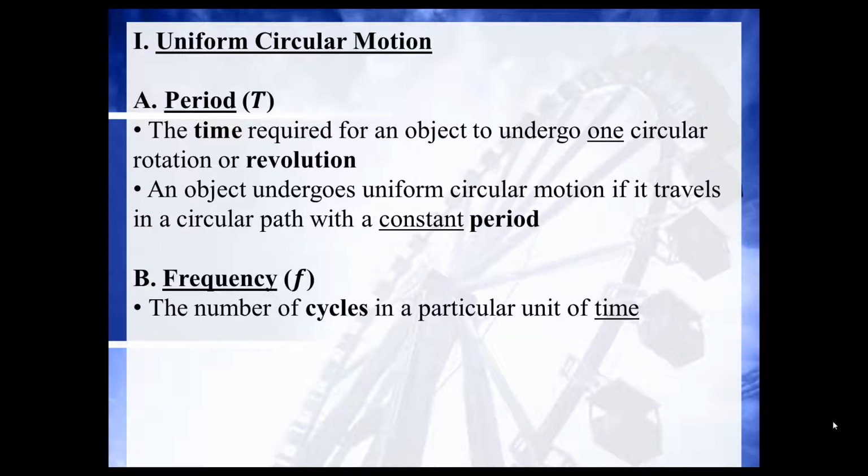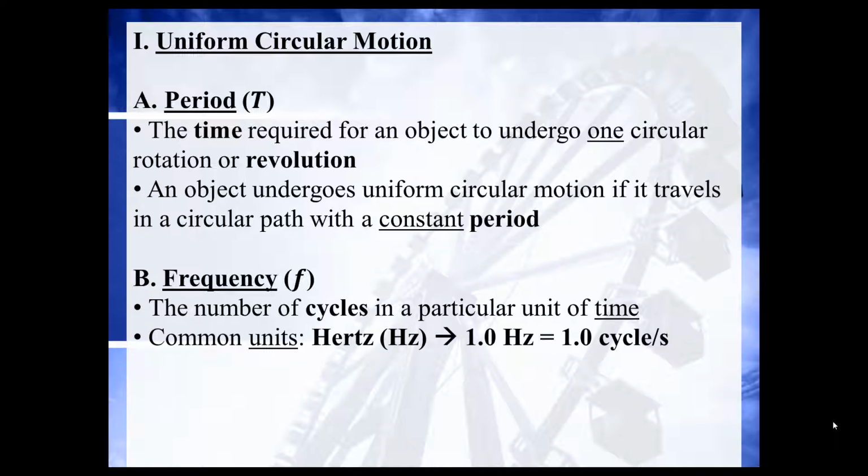So in the case of a spark timer, the cycles would be the number of dots that's being made. In terms of circular motion, a complete cycle is how many times you go around the circle. So the frequency would be the number of times you go around the circle in a particular unit of time.